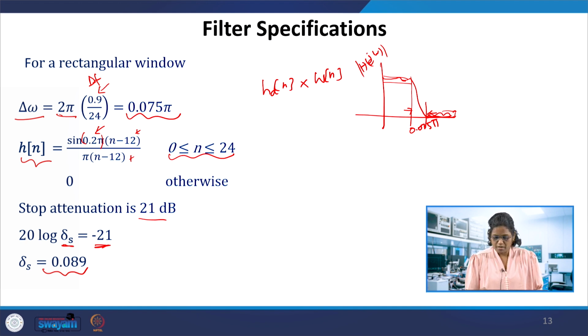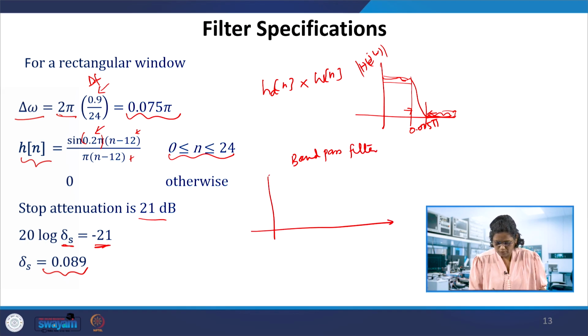So if we have a band pass filter, for example, in the case of band pass, the response can have ripples, and then there is a stop band and the pass band, and this is H of e power j omega.